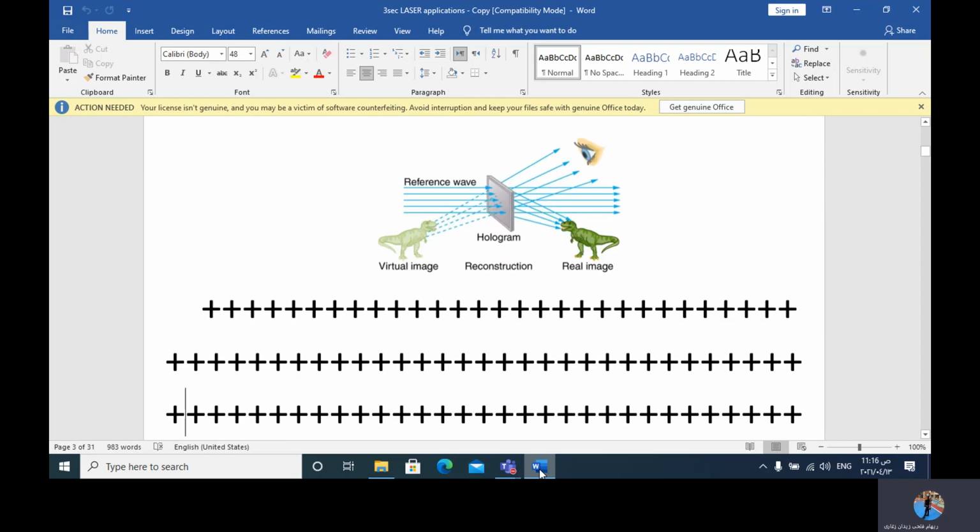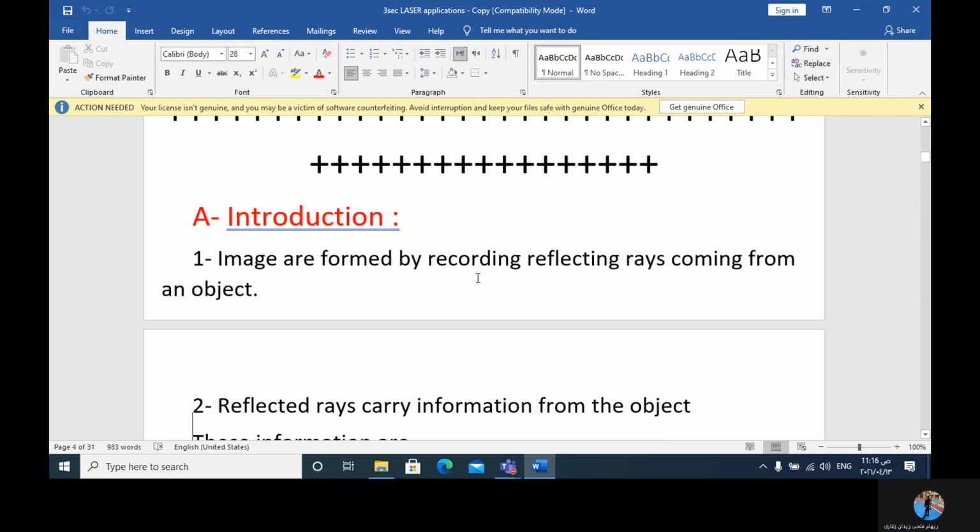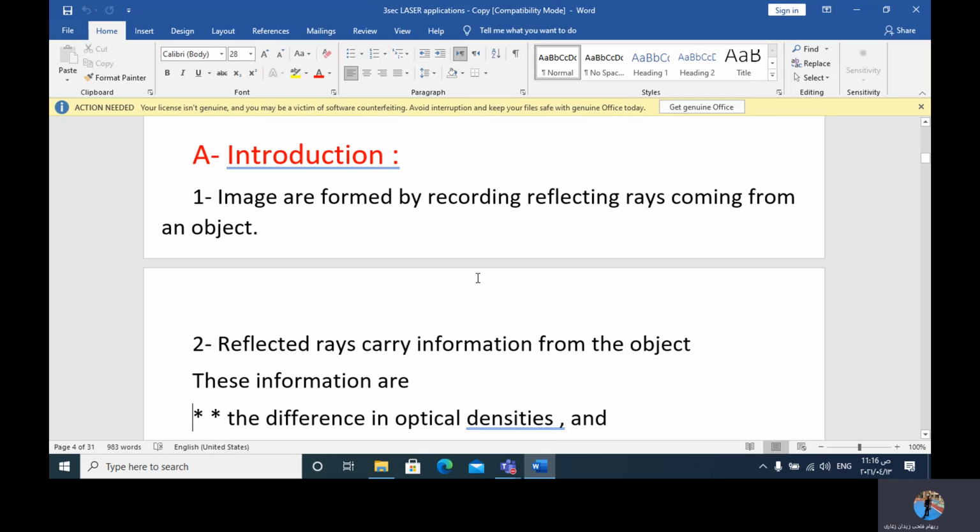So if you look at the diagram, here you have rays coming from the laser, and they help to form a 3-dimensional image. And today, inshallah, we will talk about how this 3-dimensional image is formed. Before we go deep inside the holography, we'd like to introduce first the image formation.